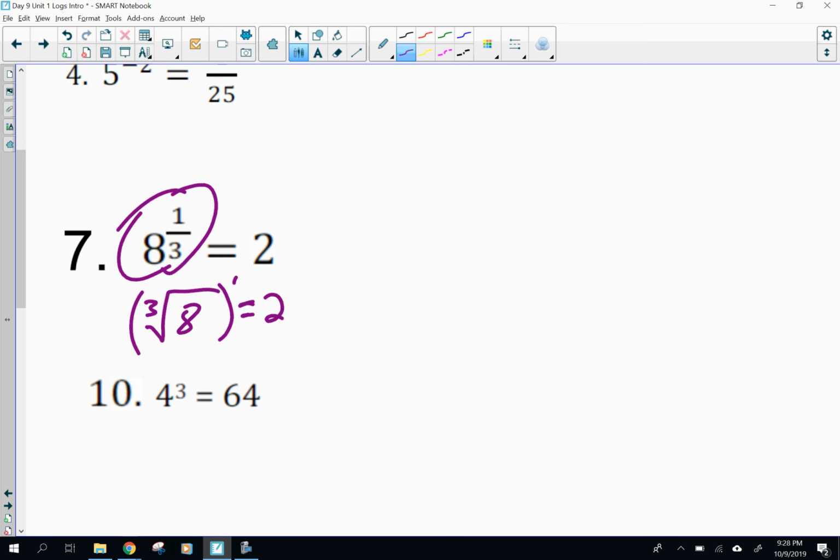You could think of it that way too. This is just a different way of showing the relationship. So we know the base is 8, and the exponent's 1/3. Your answer is 2. So you'd say log base 8 of 2 is 1/3. Remember, in logarithms, the answer is always the exponent.